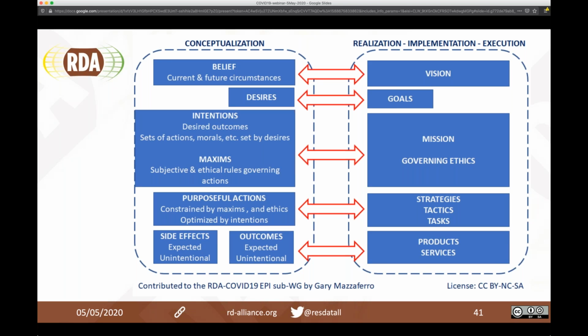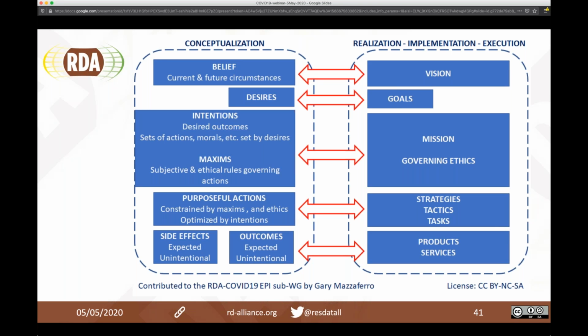Gary Mazzaferro has joined our group last week and contributed this model of how we get from conceptualization to realization, implementation, execution. This is really helping our group focus our discussions and the writing of our releases, moving from intentions and maxims, for example, to a mission and governing ethics.